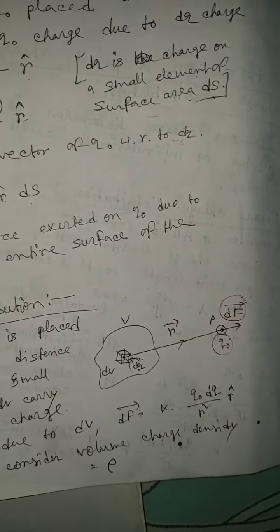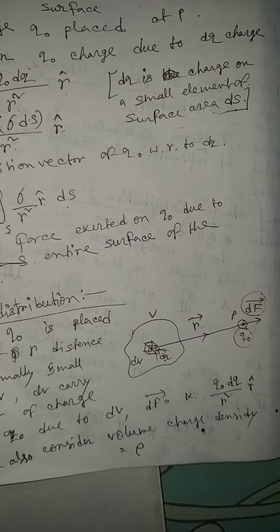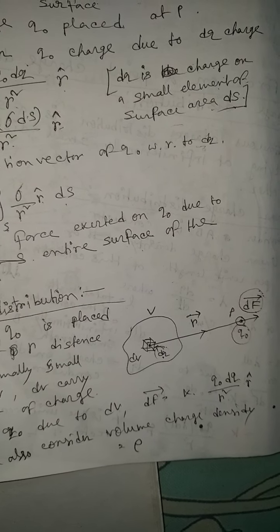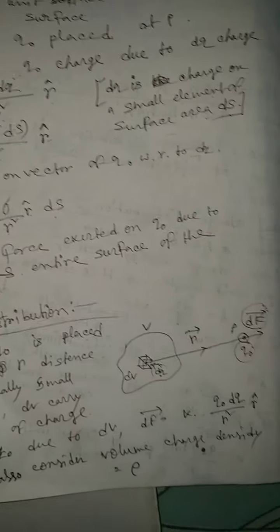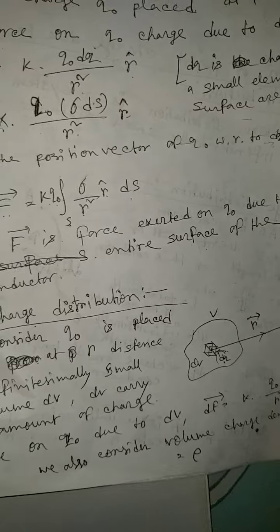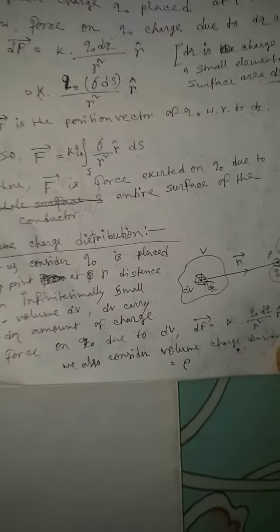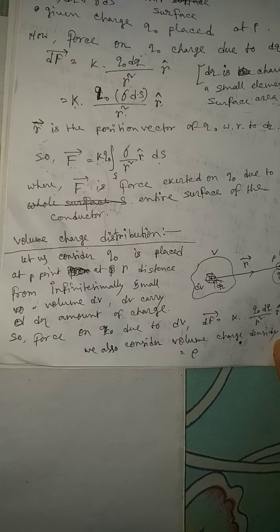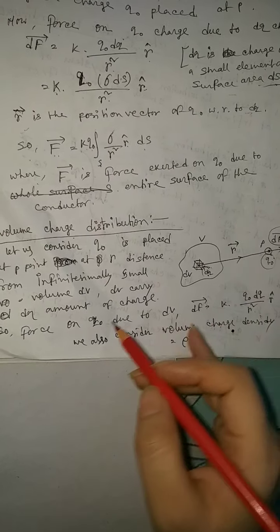Clear? Here I am also considering volume charge density. Suppose the volume charge density of this conductor is rho. So rho indicates volume charge density of this conductor.